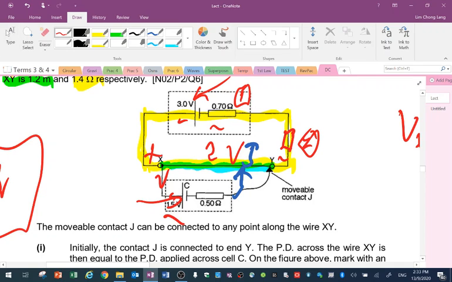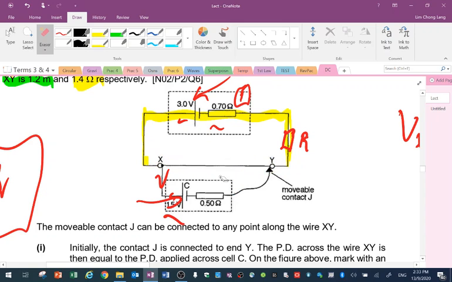You have to tell the examiner that there is a limit to the value of R here. If you look very carefully, there is a limit because the PD across XY cannot be lower than 1.5 volt. The PD across XY cannot be lower than 1.5 volt.